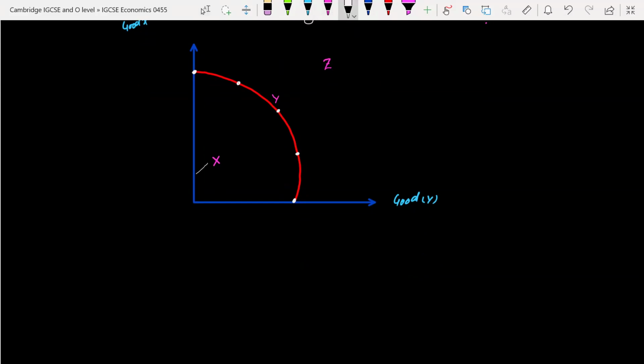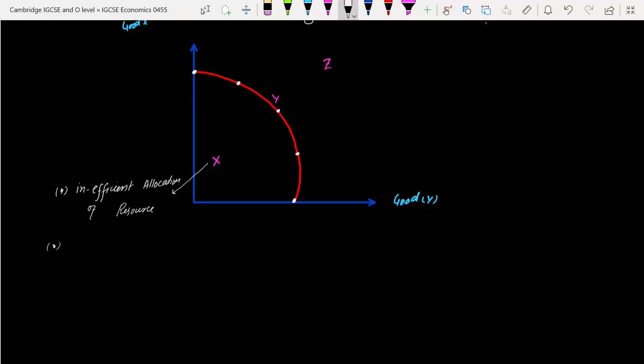The X point shows that the resources were not allocated in an efficient way. So this means inefficient allocation of resources.